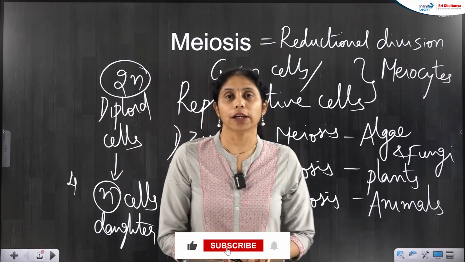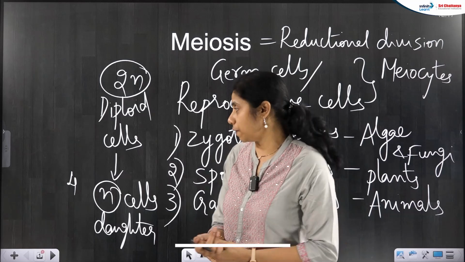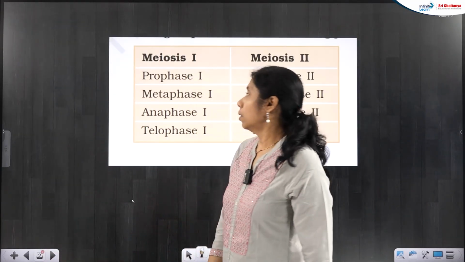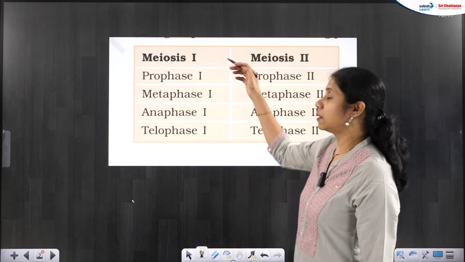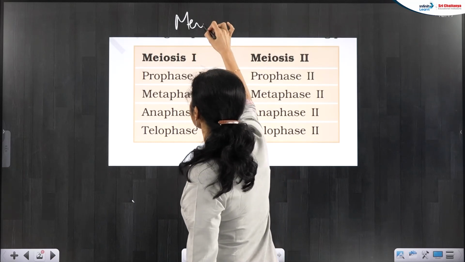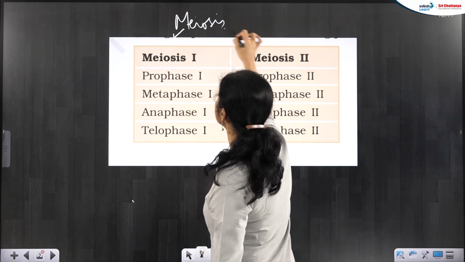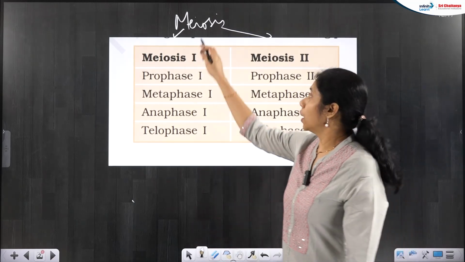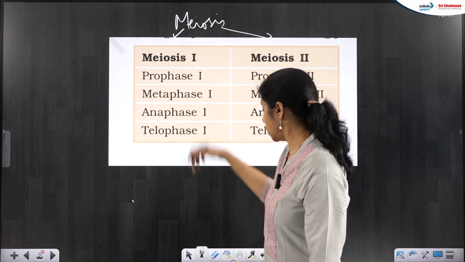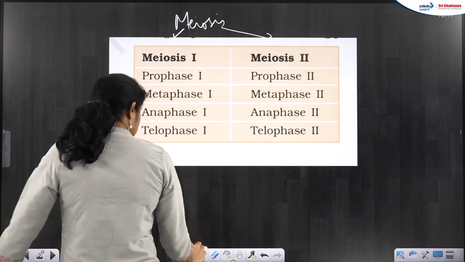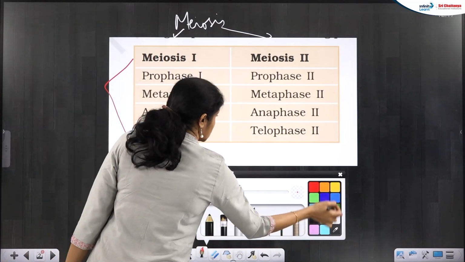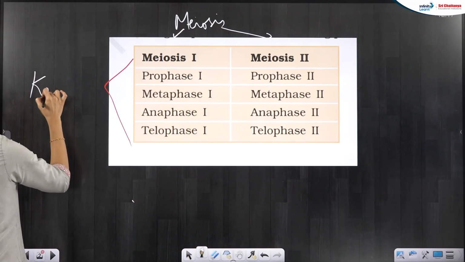Now let us see further details of meiosis, how it is classified into further types. As you can see, meiosis is divided into meiosis 1 and meiosis 2. In meiosis 1, you have karyokinesis 1 and, after this, cytokinesis 1.